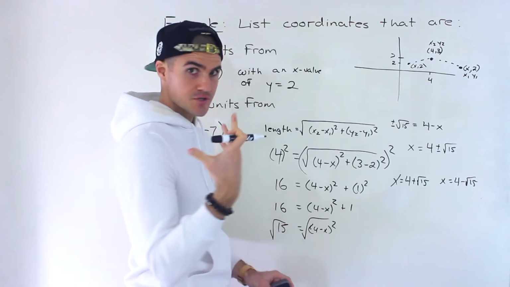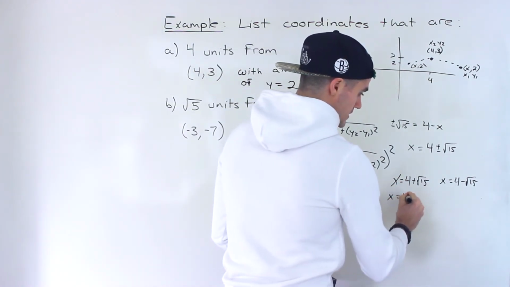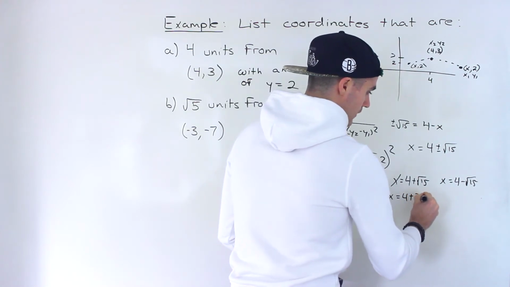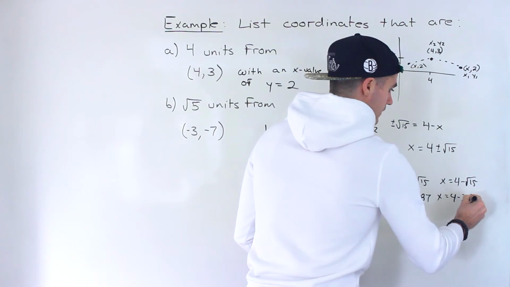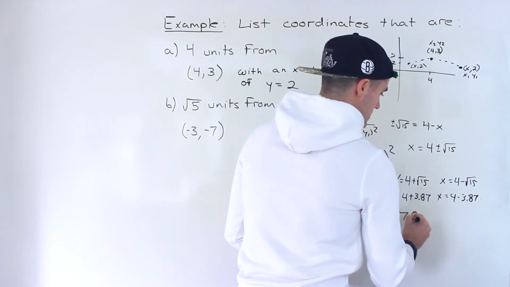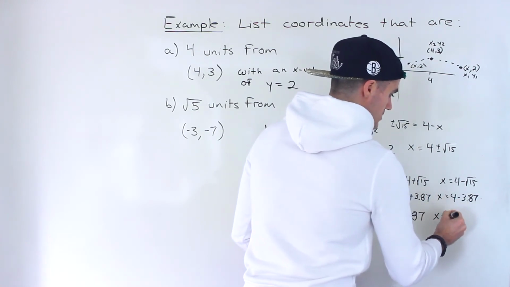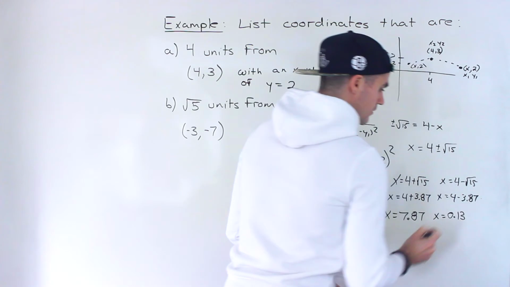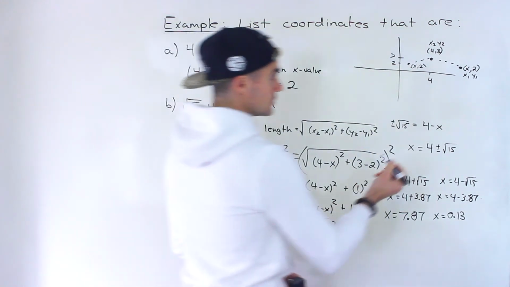And if you want to get the corresponding decimals, the square root of 15 is going to be 3.87 approximately if we round it to 2 decimal places. And so we would end up with 7.87, or 4 minus 3.87 is 0.13, like that. So those are the two x values.